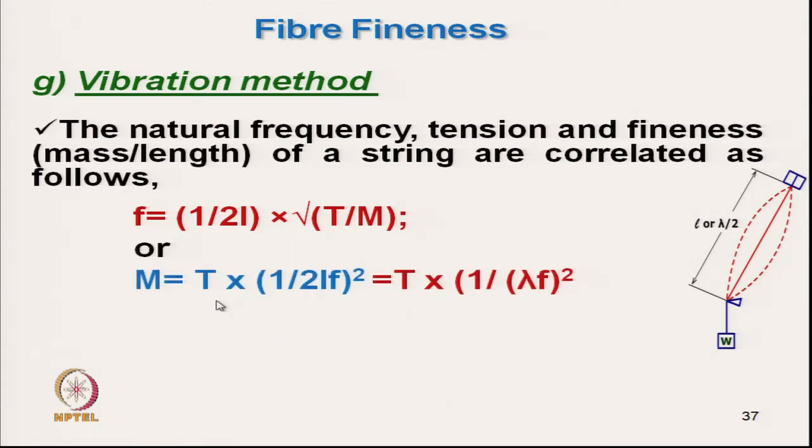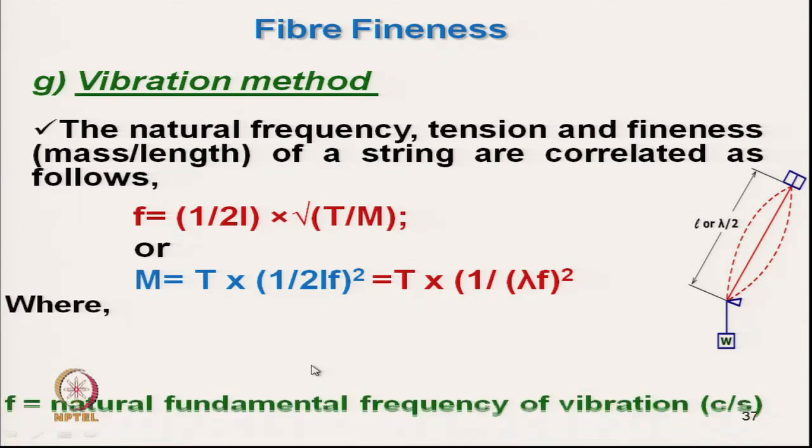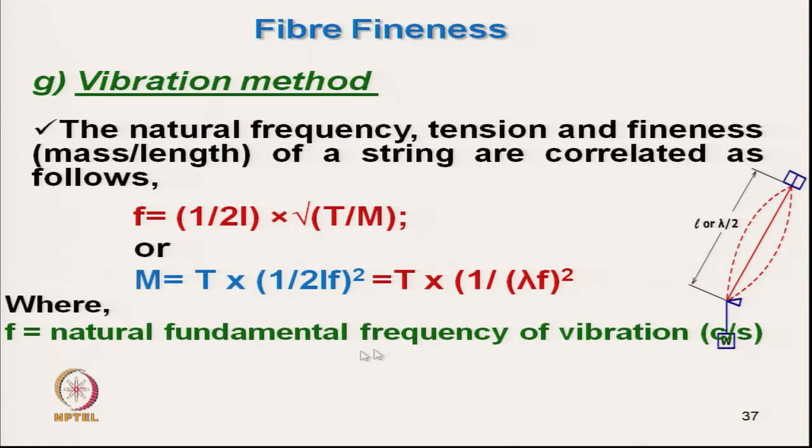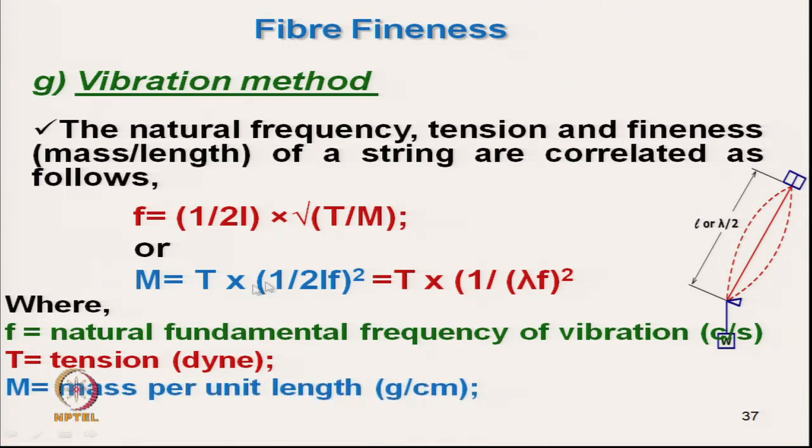So, we can measure mass per unit length using this formula if we know the tension in the string and the length, and if we can measure the frequency, which is the natural resonance frequency. f is the natural fundamental frequency of vibration, T is the tension in dyne, and the frequency is in hertz, cycles per second.